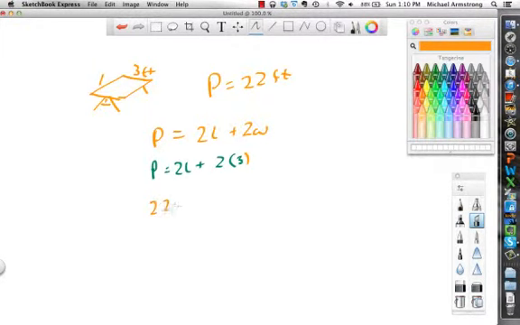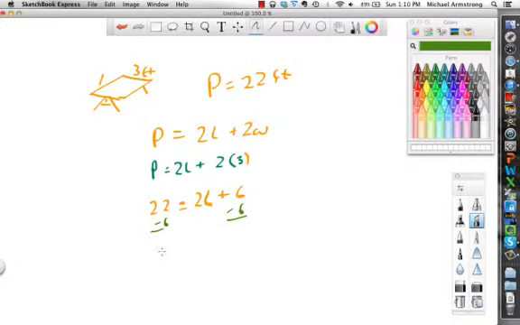So 22 equals 2 times L plus, and we need to make sure that I know that's an L, not a 21. So I try to make sure I draw it just a little different than I would do a 1. 2 times 3 is 6. So 2L plus 6. So this is a two-step problem. I need to subtract 6 from both sides. That's the first part that we do.